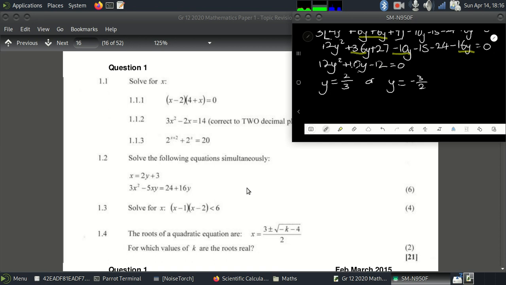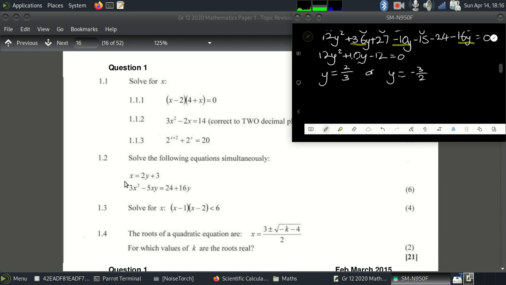However, this is not complete. We have to find the values of x. And to get the values of x, we can put it back into another equation. I think we can use this equation then. Yes. So if we substitute this y value back into that equation, we'd have 2 multiplied by y, which is essentially 2/3 in this context. I'm just gonna do this quickly with a calculator, and this will give us 13/3.